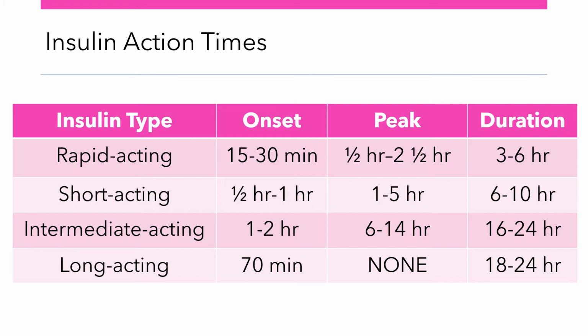So usually you'll see these long acting or intermediate acting medications, they might be getting them once a day or twice a day. So these are also referred to as basal insulins, because it's giving them a baseline, background, slow use of insulin to continually regulate their glucose levels.